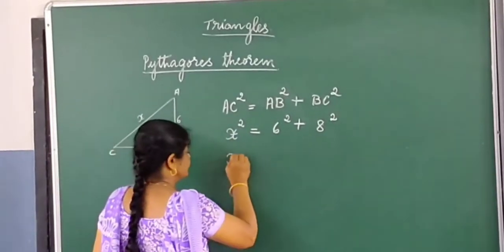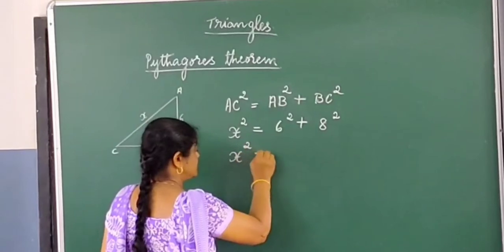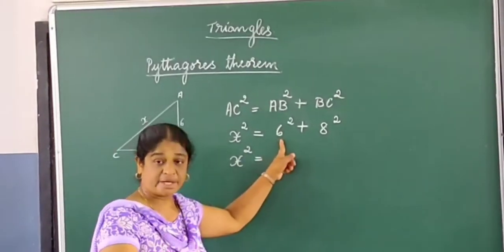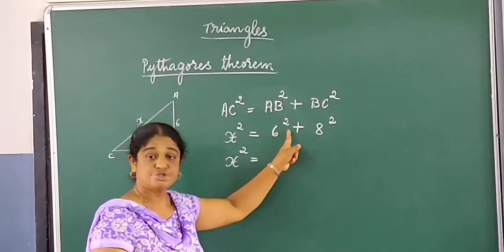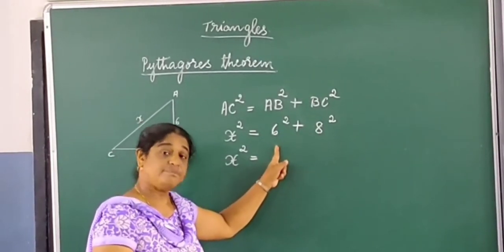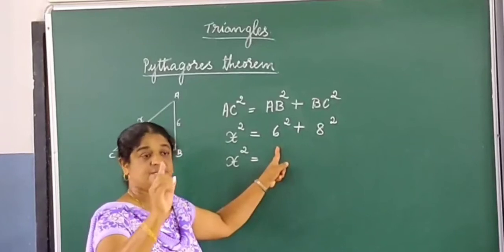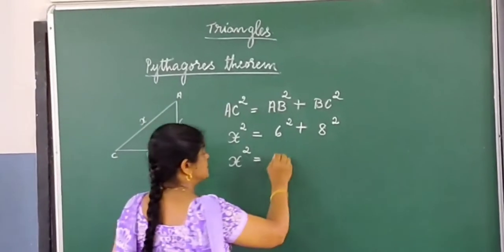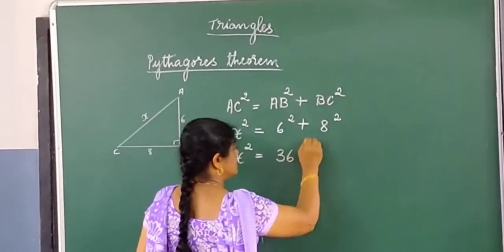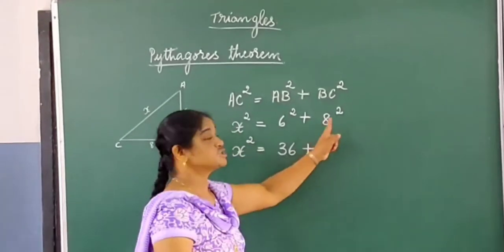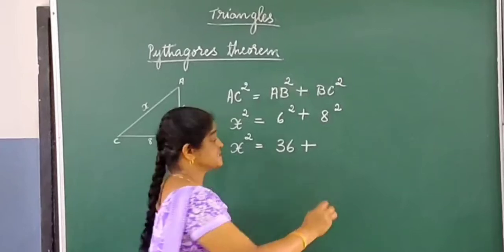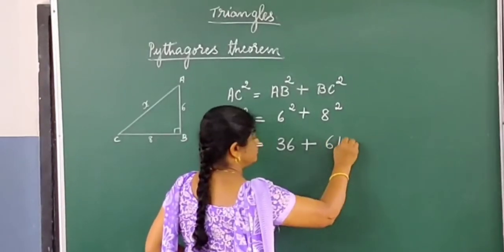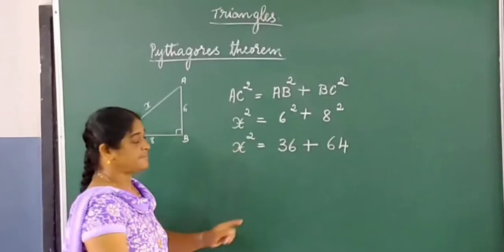So x square is equal to 6 square. It means 6 into 6. Don't multiply 6 into 2. No. 6 square means 6 into 6. 6 into 6 is 36, plus 8 square. 8 square is 8 into 8. 8 into 8 is 64. Okay.